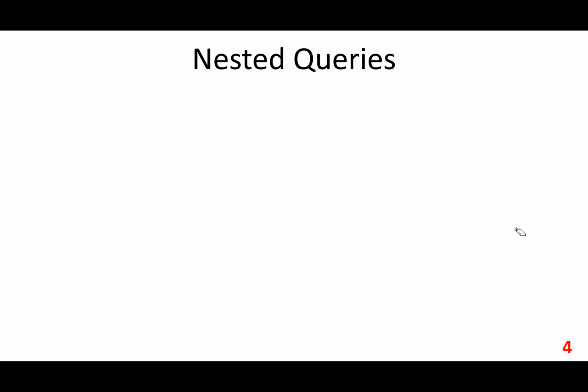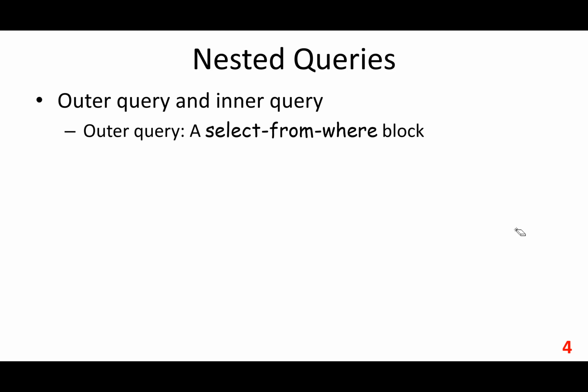First, nested queries. Some students already use nested queries, but here I'd like to talk about it, so that later more students can use this kind of structure. What's that? Outer query and inner query, two levels. The outer query we can assume is a select-from-where block, the usual structure.